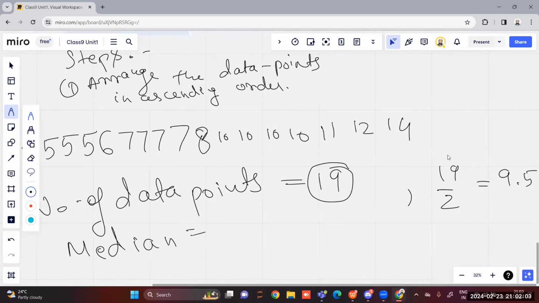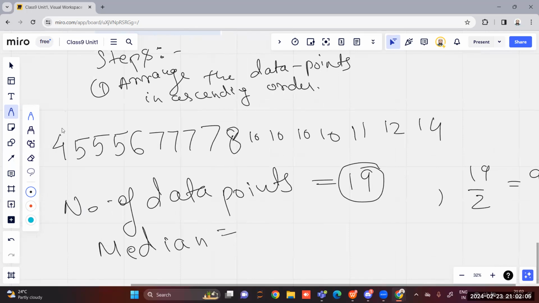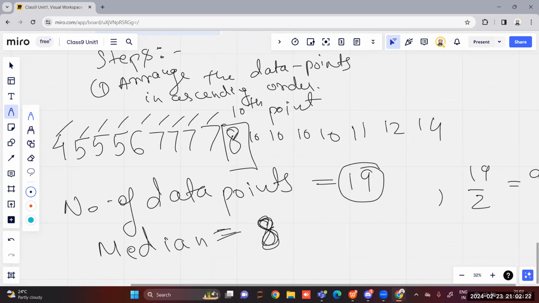So I have to leave 9 points on the left as well as 9 points on the right. The 10th point will be the median. Yes. So 8 is the median.